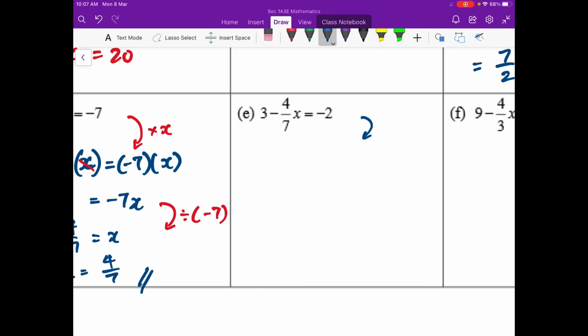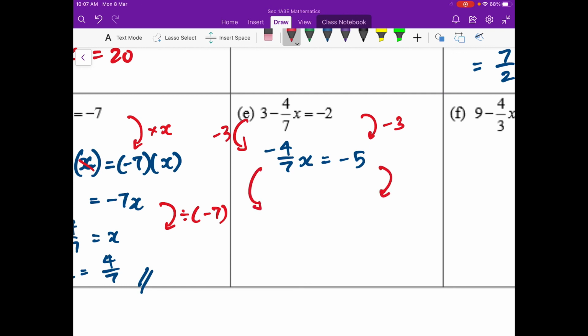So you minus 3 on both sides. Eventually you will not need to draw all these arrows. You don't have to. But for now, I'm guiding you on the steps. So minus 3, leaving us with negative 4 over 7x equals to negative 5. And now, we want only x. What shall we do to both sides?